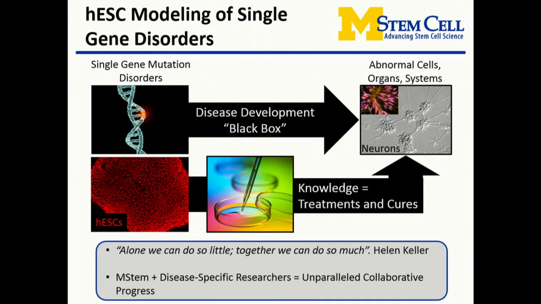We use our embryology skills to make very good and efficient human embryonic stem cell lines. As soon as we make those lines, it's not the best use to stay in our hands. It's the best use to go into the disease-specific researcher. So when we make a line, we will reach out to any researcher we can find at the University of Michigan, as well as other researchers worldwide.